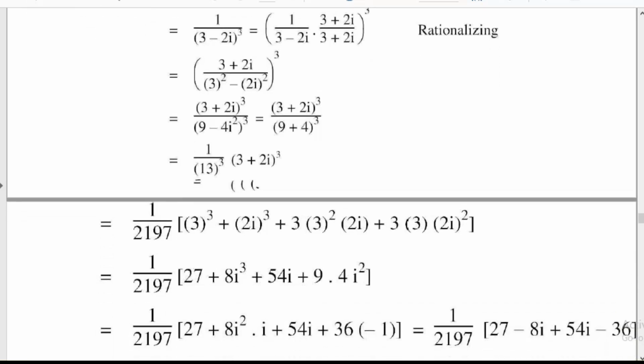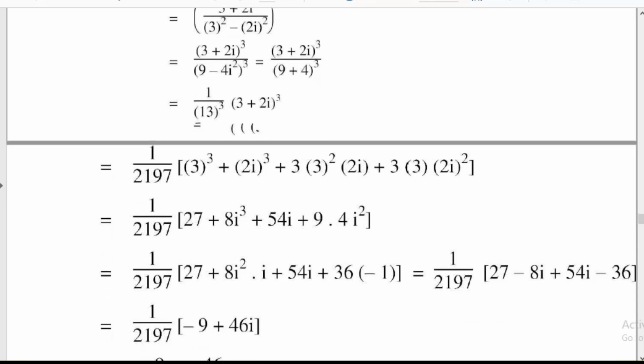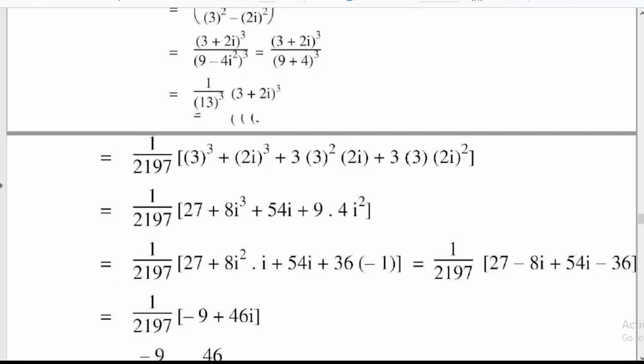So 27 plus 8i^3 is equal to i^2 · i, plus 54i plus 9 · 4 = 36, into minus 1 is equal to minus 36. So 54 minus 8 is equal to 46i.